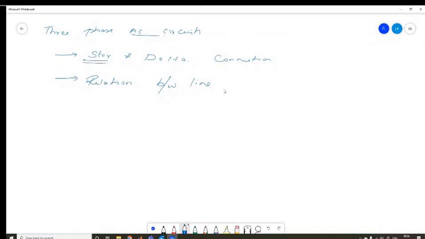There are some quantities which we call line quantities and some which we call phase quantities. So what is the relation between these line quantities and phase quantities? This we will be deriving.